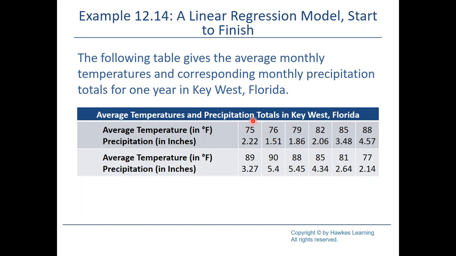As long as I'm talking about temperatures in Key West, Florida, that are between 75 and 90, I can use this model. If I talk about anything outside of this range, say 60 degrees, I can't use this model. That model's not going to be accurate to predict it. Again, my model is only statistically significant within the range that I originally started with.